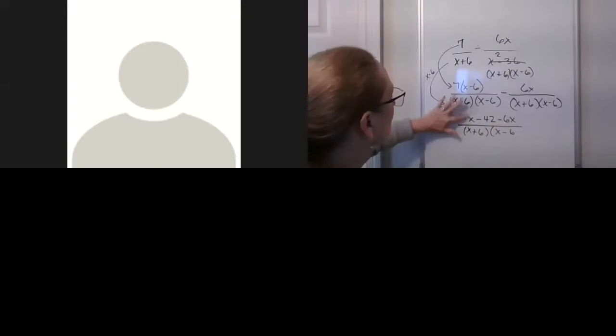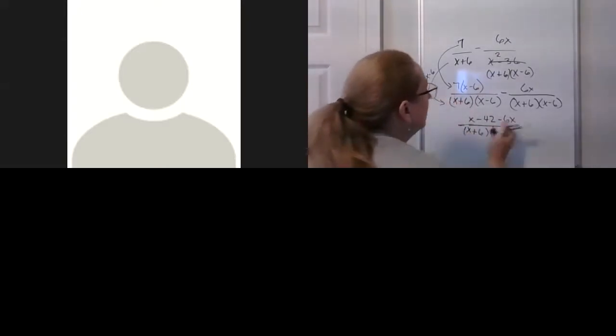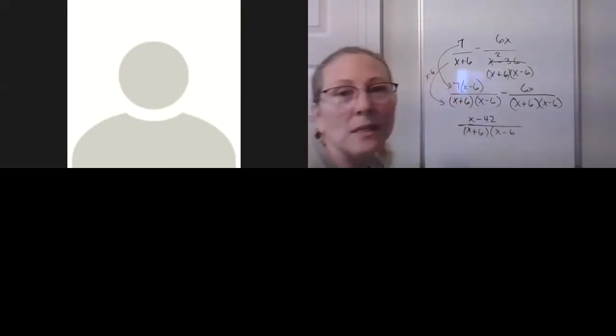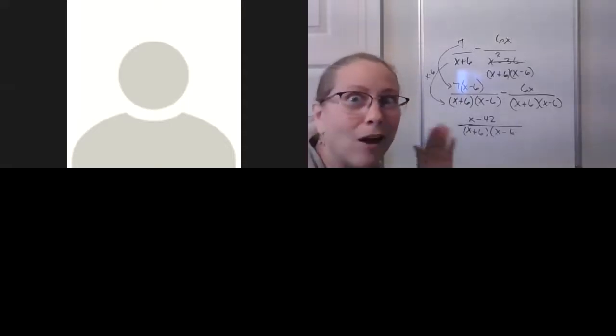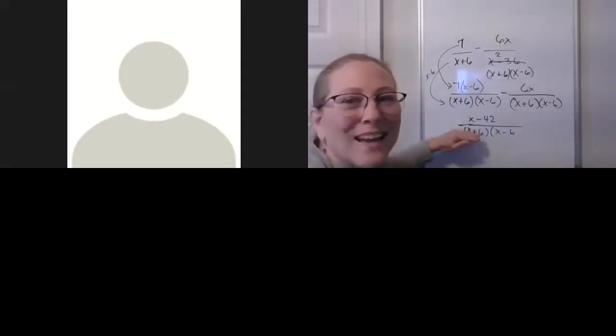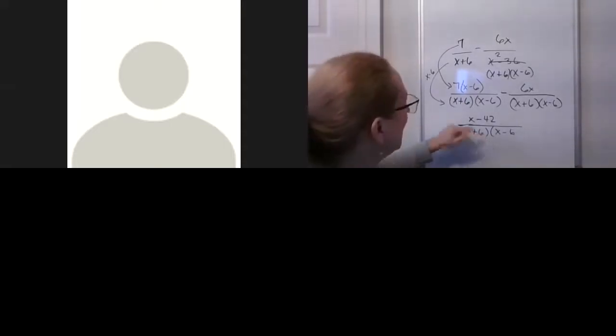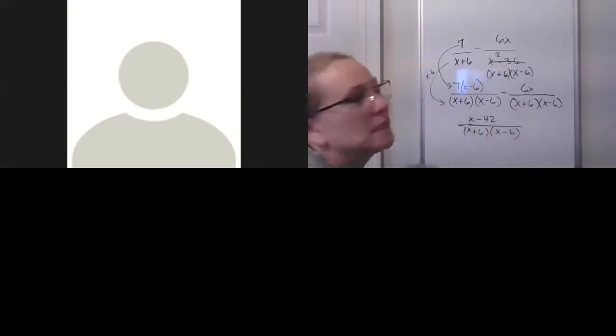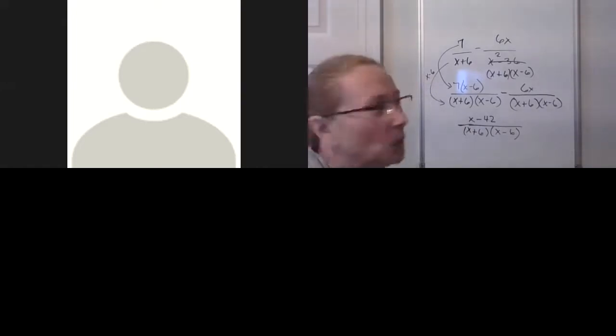Obviously, 7x minus 6x gives us 1x. So I'm going to simplify like I can on a board without having to write it again. And we have x minus 42 over x plus 6, x minus 6.